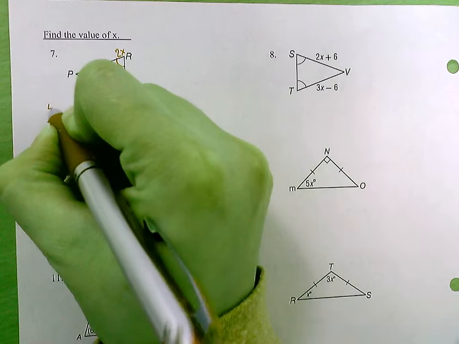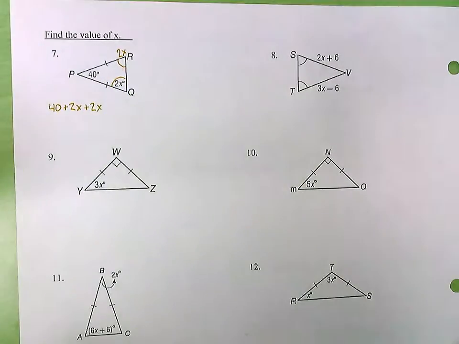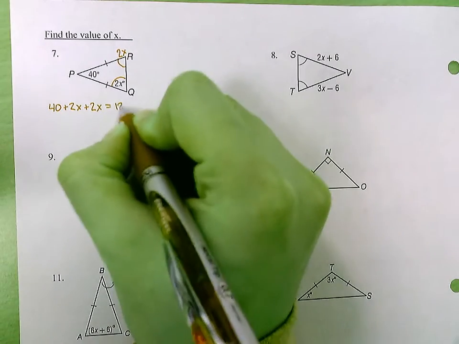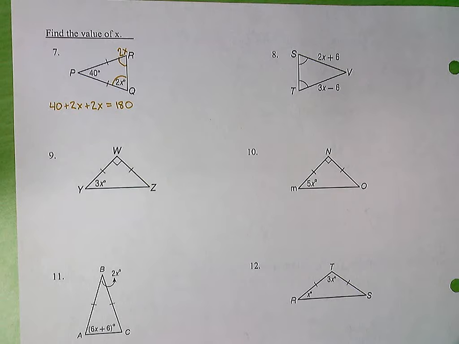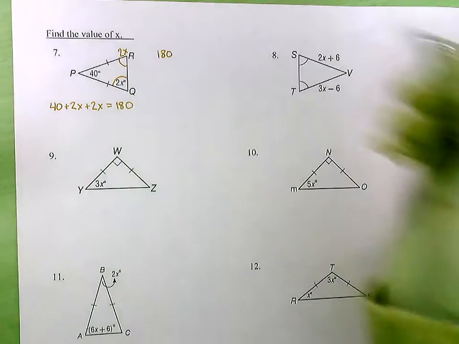So I could add all three together. So I have 40 plus 2x plus 2x. And that has to equal 180. Okay, that's one way where you would solve for x. Another way, I can do something similar I did on the front. So I know all three have to be 180.